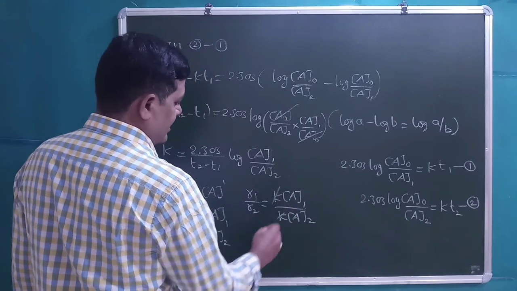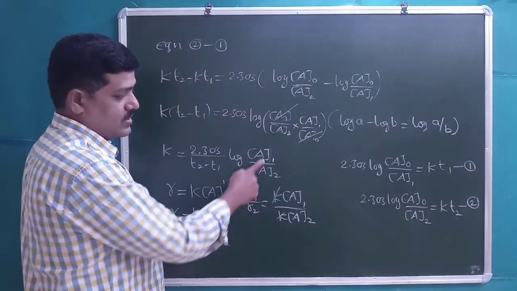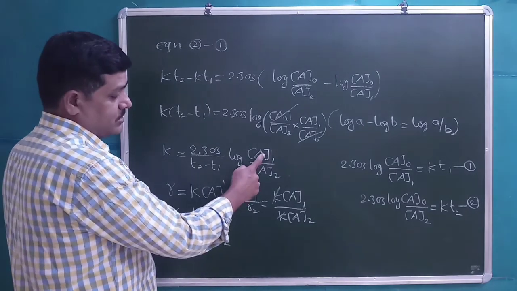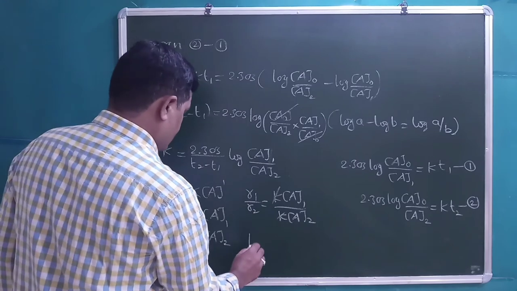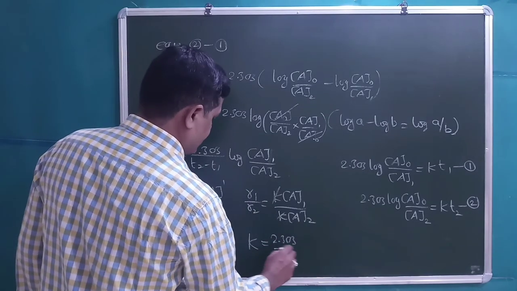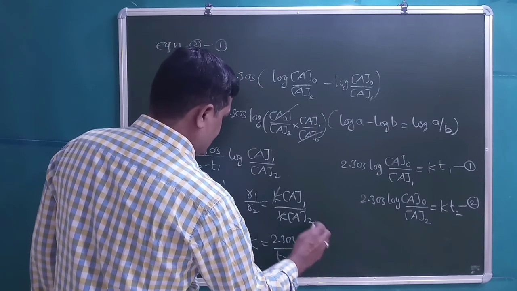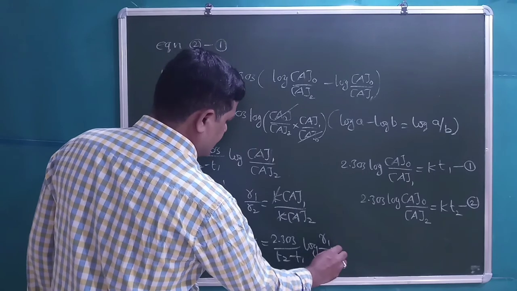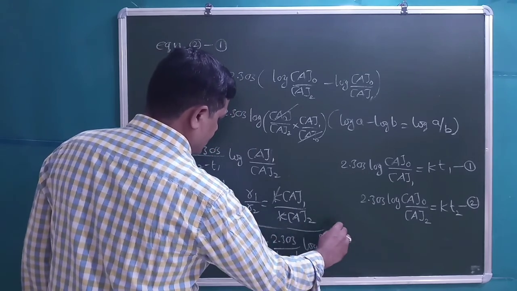Here K gets cancelled, so A1 by A2 is R1 by R2. Substituting this, we finally get K is equal to 2.303 by t2 minus t1 log R1 by R2. So this is the final expression, students.